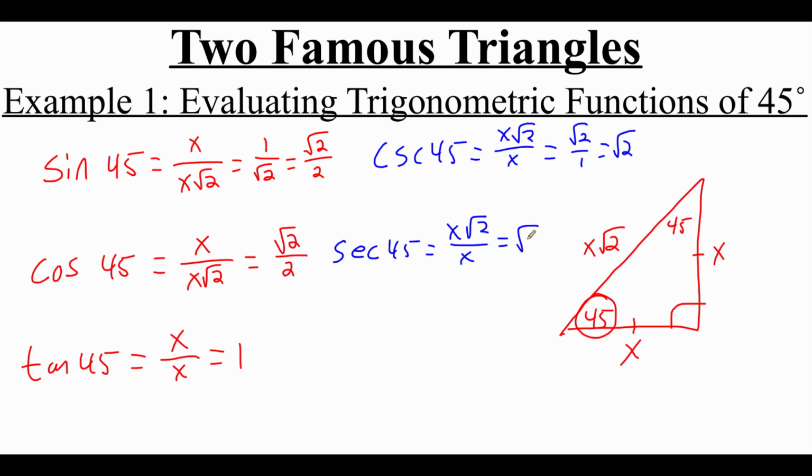Those x's would cancel each other out, and we would just get the square root of 2. And for the cotangent of a 45-degree angle, cotangent is adjacent over opposite. And again, x divided by x is just going to end up being 1. So like I said, we're able to find all of these trig functions in this 45-45-90 triangle without even knowing how long those sides are.